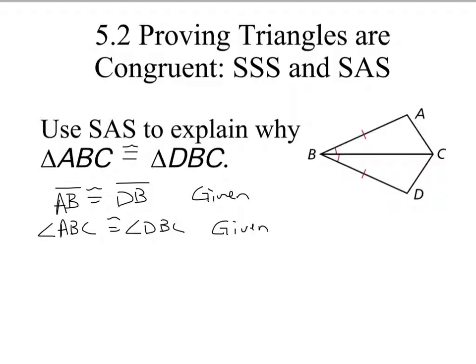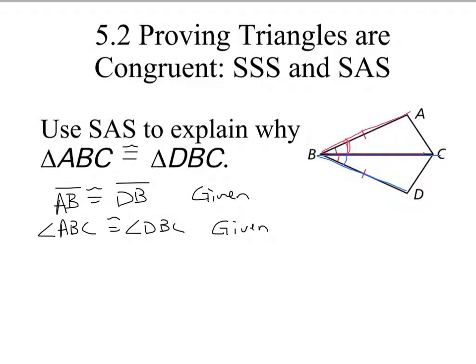This says ABC right here. This angle is congruent to DBC, this bottom angle. If I said angle B, it can mean either one of those, or it can mean angle ABD. So I need to specifically point out which angles I'm talking about.